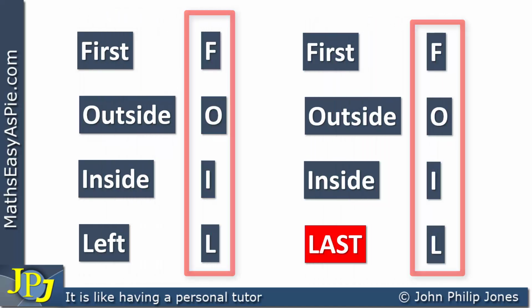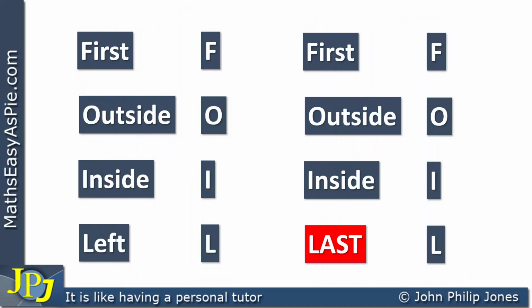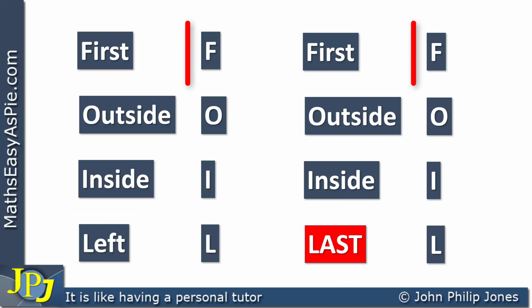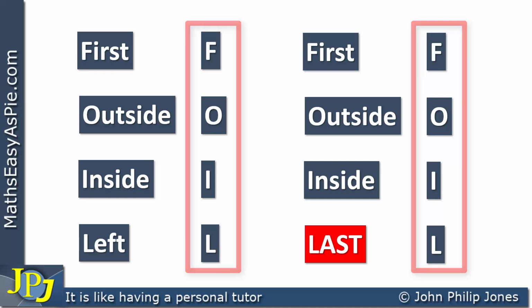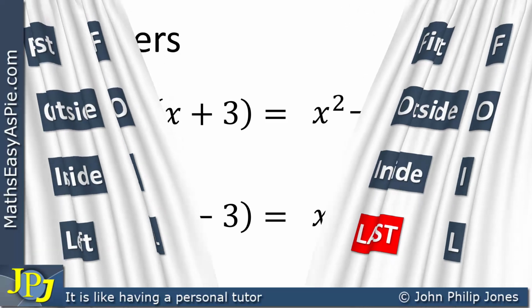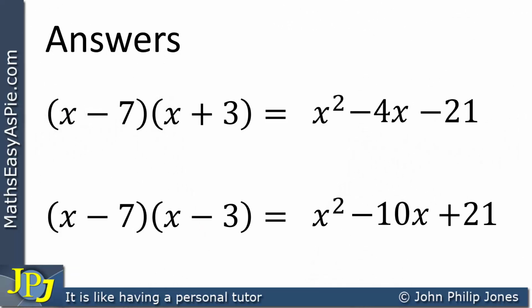Take your choice as to which one you wish to memorize as an aid for doing this type of expansion. Do you want to consider the last term to be left or the last term to be last? It's up to you. But they both spell FOIL. And of course, the answers to the examples we've considered in this video are shown here.